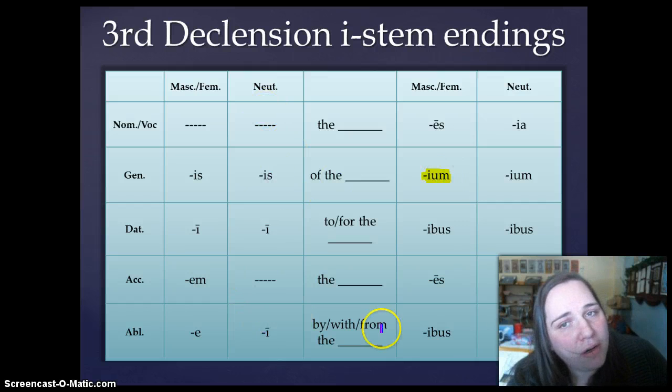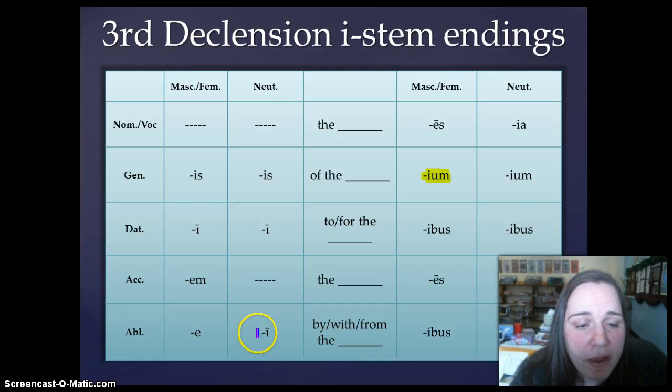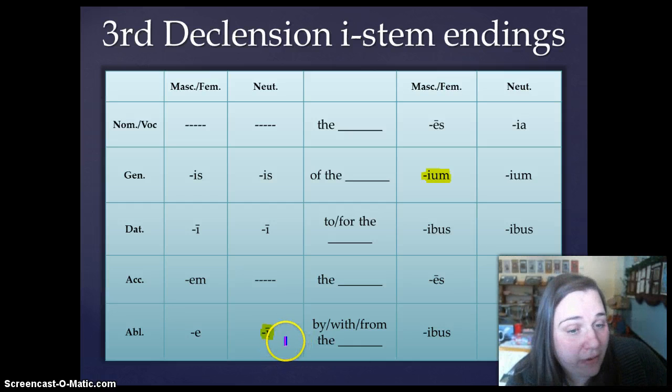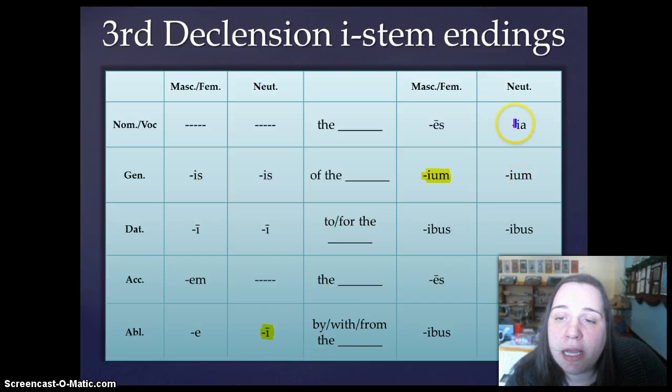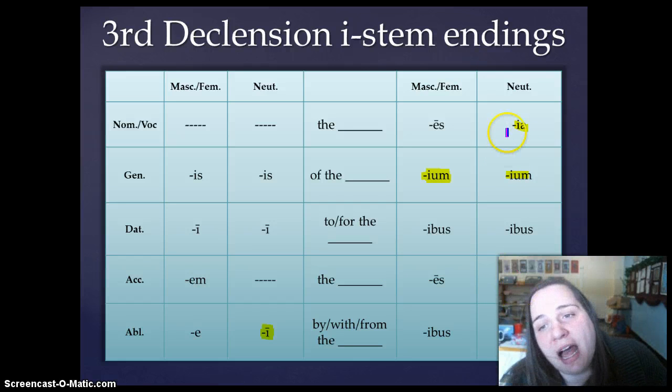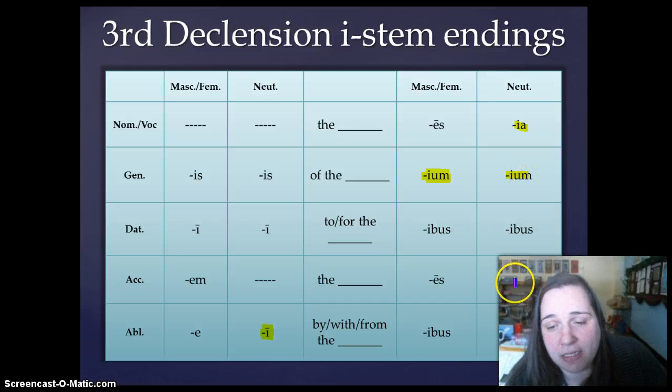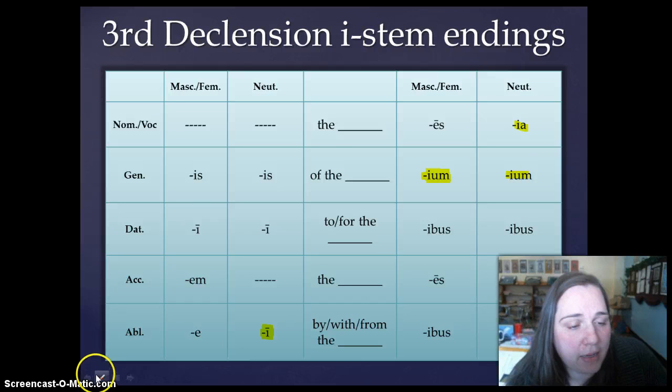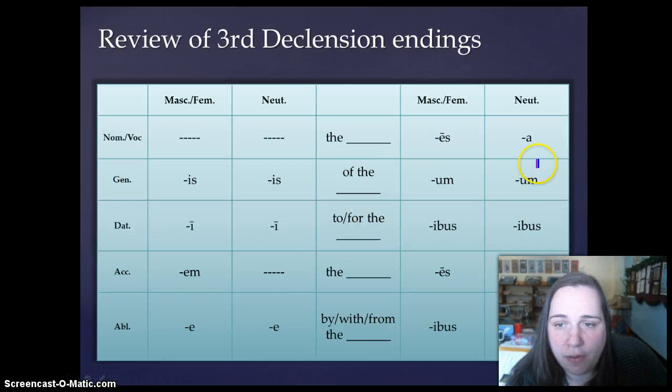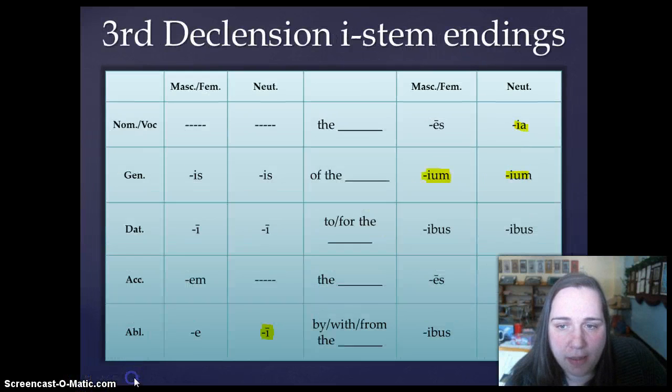For neuter I stems, there are a few more differences. First and foremost, if you have a neuter I stem, the ablative singular ending changes to a long I from an E. Also, every form in the plural will begin with an I. So instead of A, it's IA, and instead of UM, it's IUM.